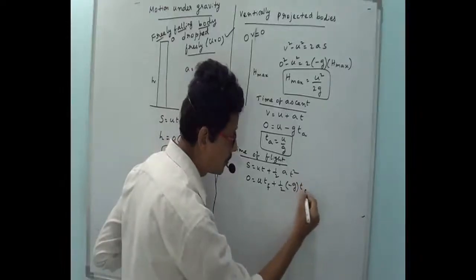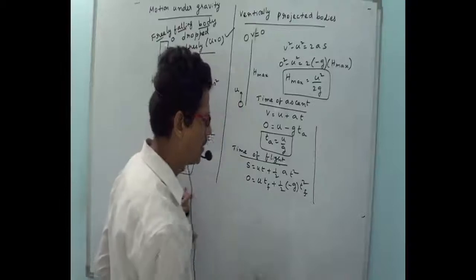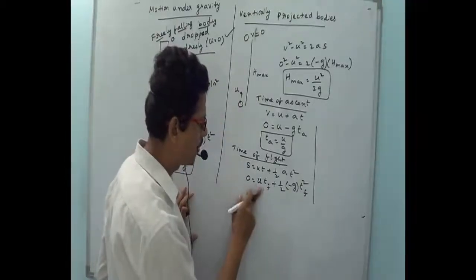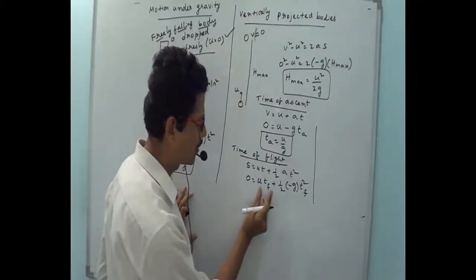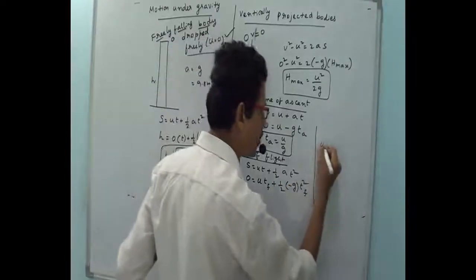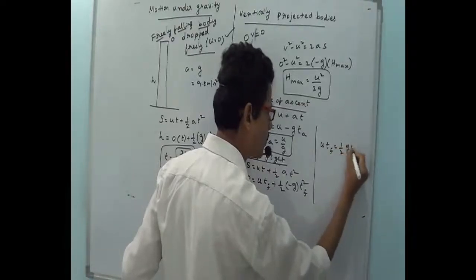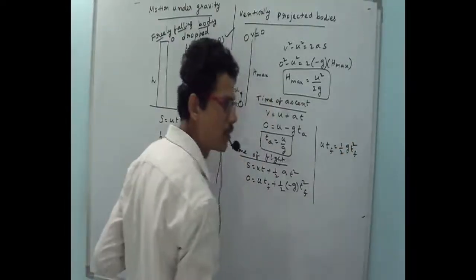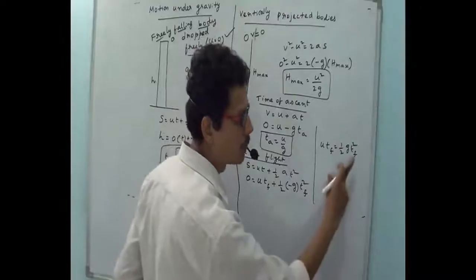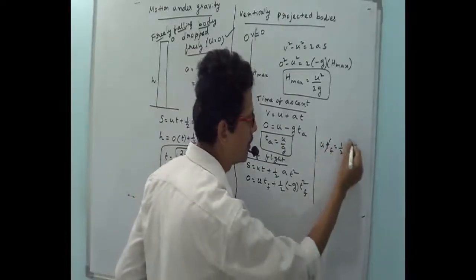And what is this? TF square. And this, if I take this side, it will become minus. This term will become minus. And that minus and this minus will get cancelled. And u TF is equal to half into g into TF square. Okay. And this TF will get cancelled.